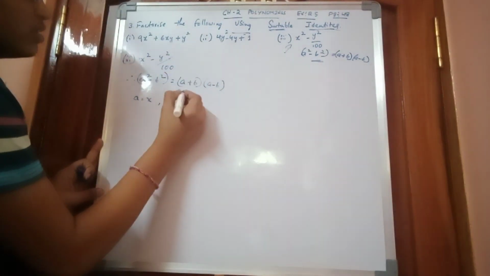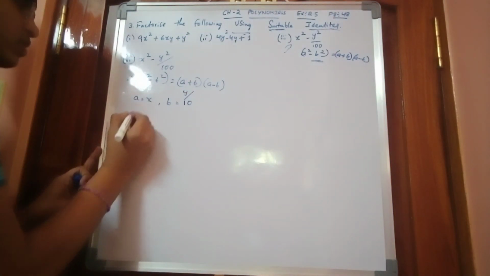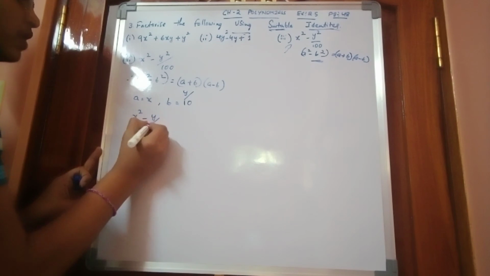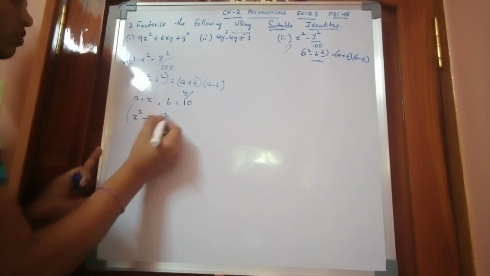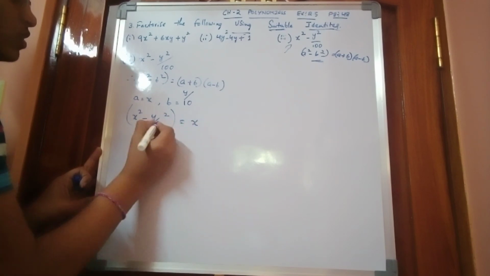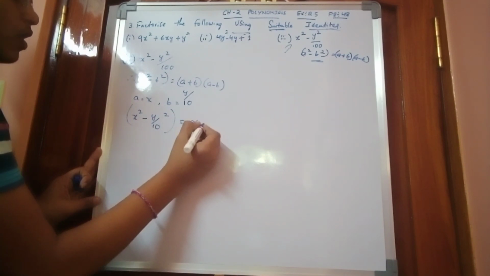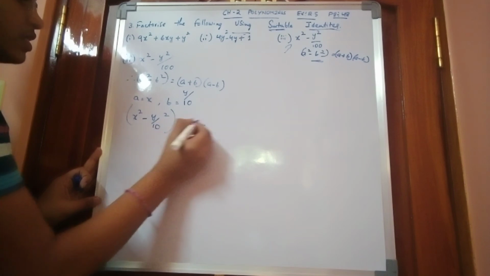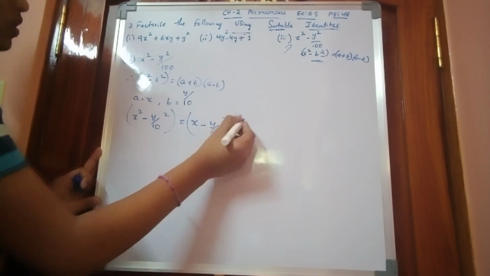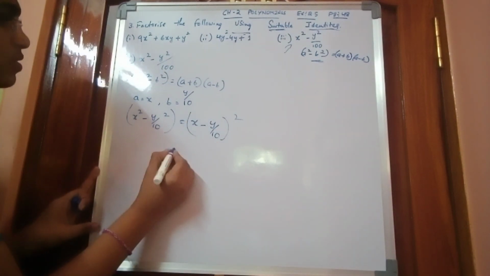So x square minus y by 10 whole square is equal to x plus y by 10 into x minus y by 10.